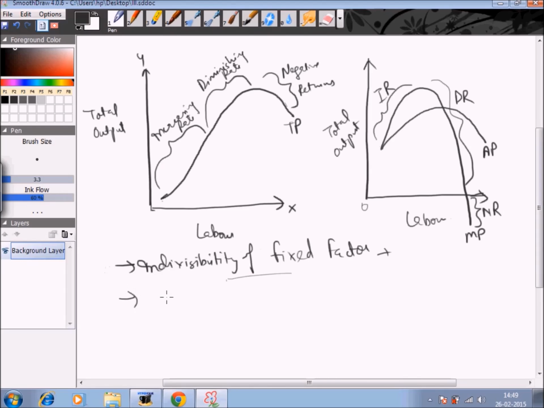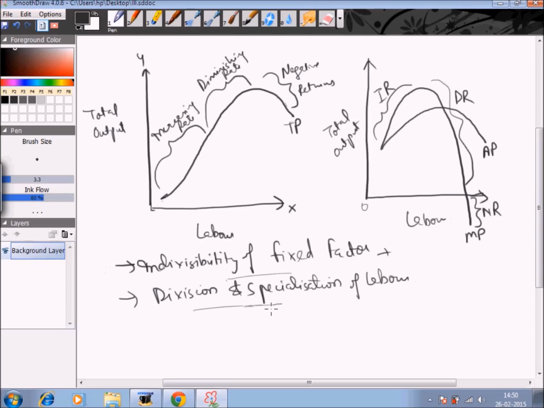Next factor is the division and specialization of labor. See, if there is a big organization and we are increasing the scale of the organization and we are dividing the whole organization into various units, suppose finance department, production department, marketing department, etc. So we need to have different managers to manage all these departments.